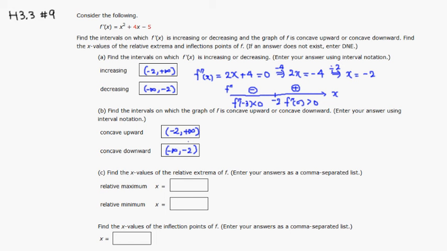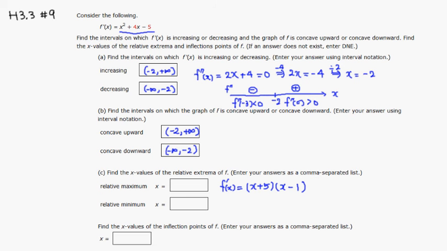Alright, then we're looking for the x values of the relative extrema, so relative max and relative min. So we have to look at the first derivative. By factoring out the first derivative, which is up here, it's x plus 5 times quantity x minus 1.